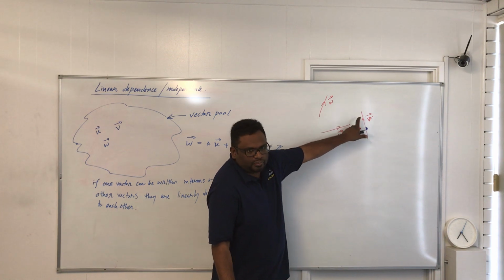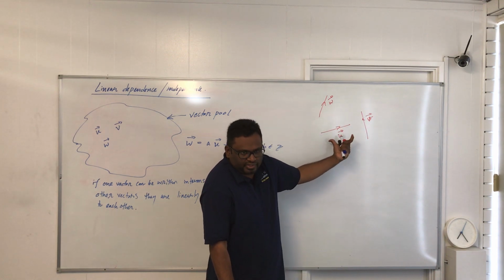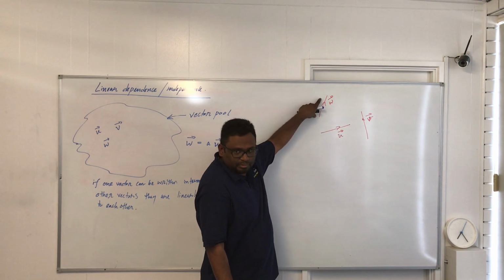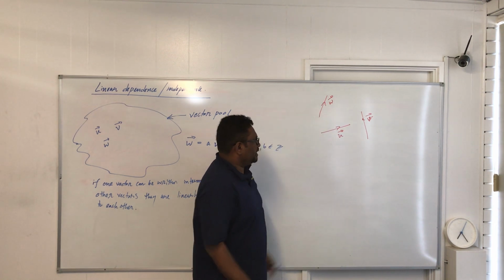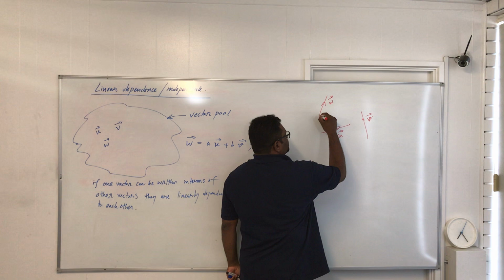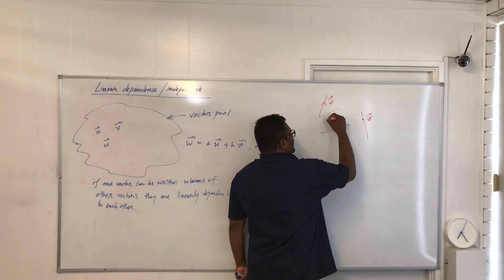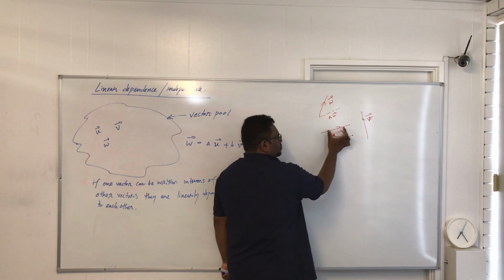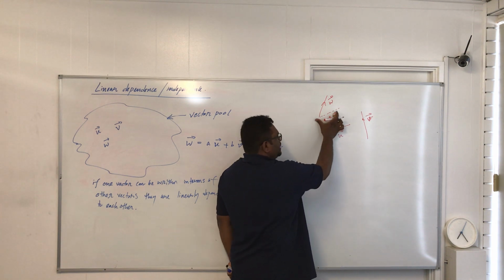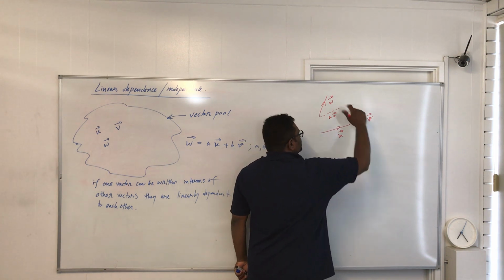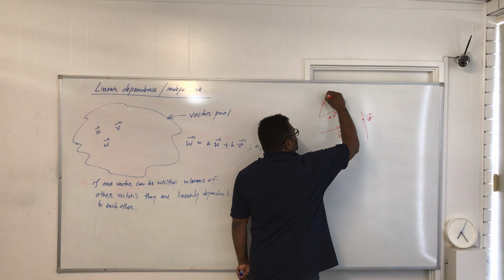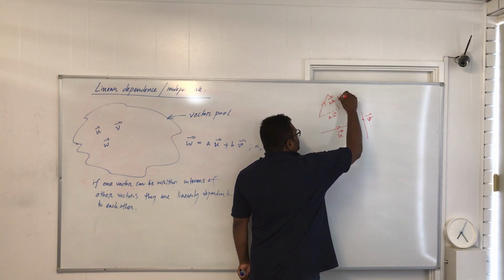So if you manage the magnitudes of the vectors, you can match that with the W. You can take a part of this one with AU and paste it here, and then take a part of this one and paste it here. So that would be B times V.